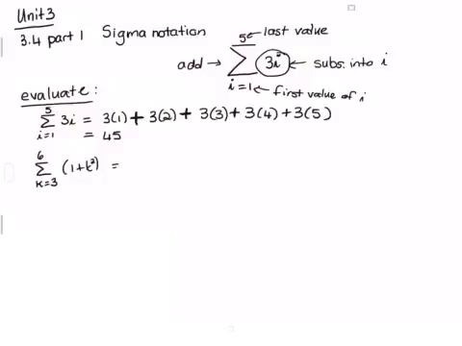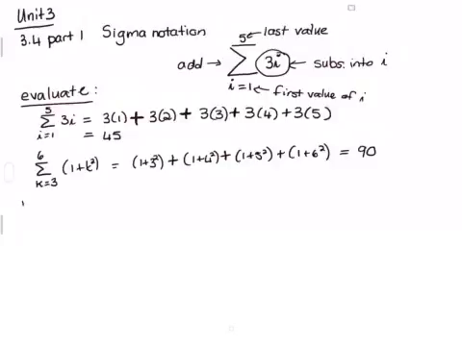Right, so I would write 1 plus, my first value is a 3, plus 1 plus 4 squared, plus 1 plus 5 squared, plus 1 plus 6 squared. And again, you would work out all these numbers, add them together. If it says evaluate, you have to end up with a final answer.